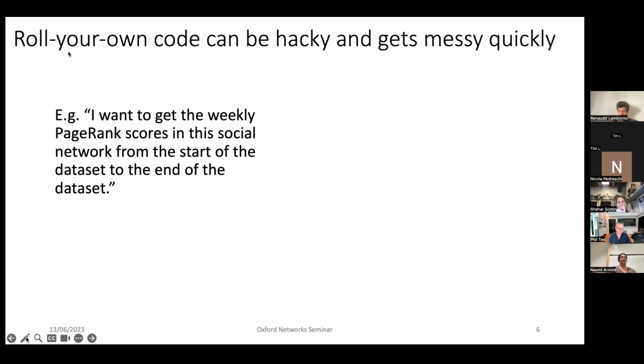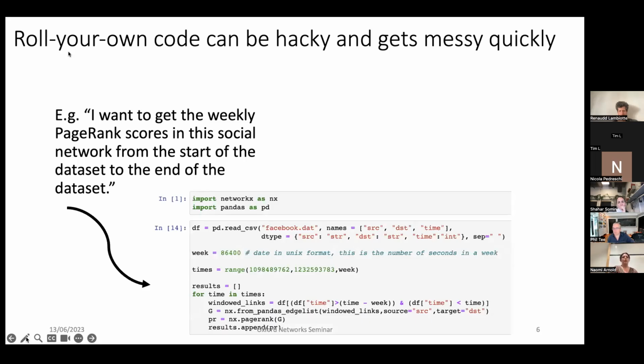you'd have a data set of maybe, let's say, interactions. And if you want to do some sort of rolling window analysis of looking at that as a network, say you want to get the weekly PageRank scores of a particular network going from the start to the end, I think something like this would be a fair definition of how you might do that with pandas and NetworkX.